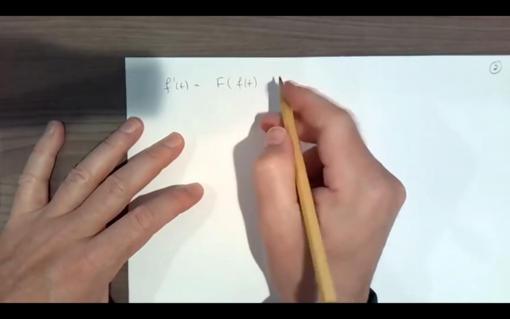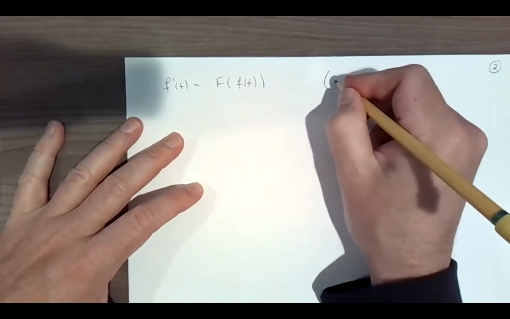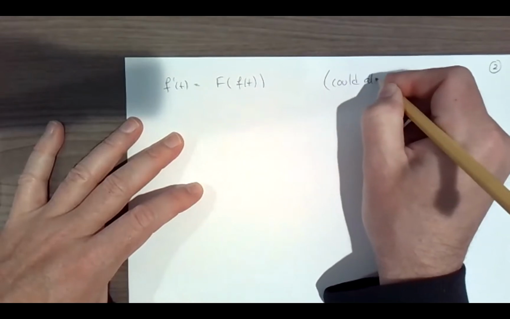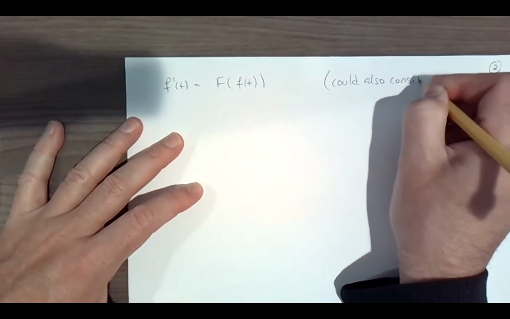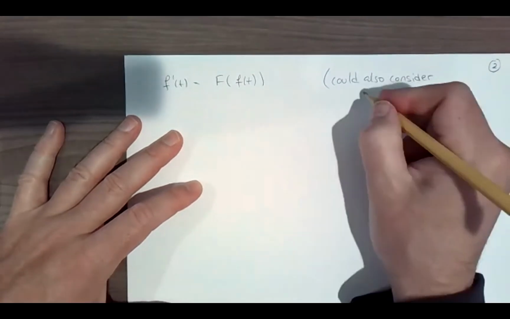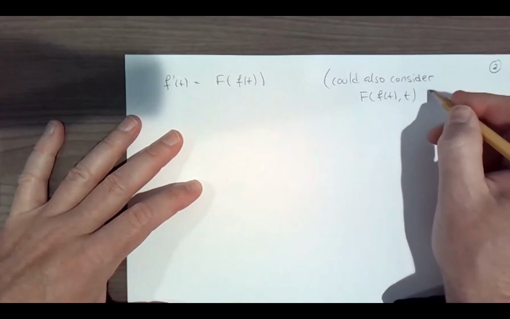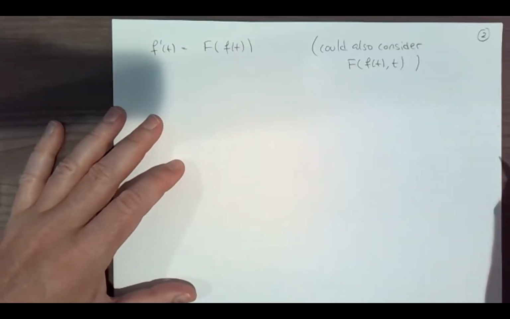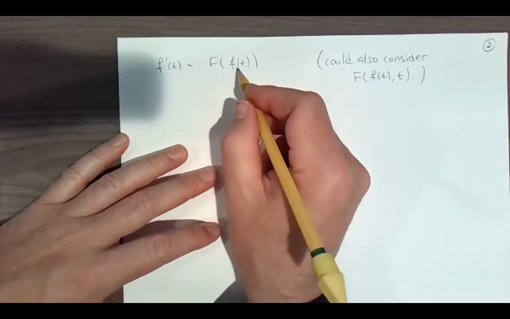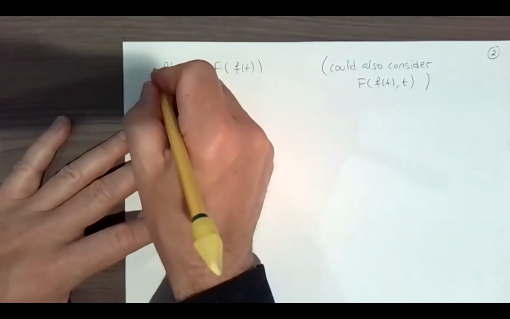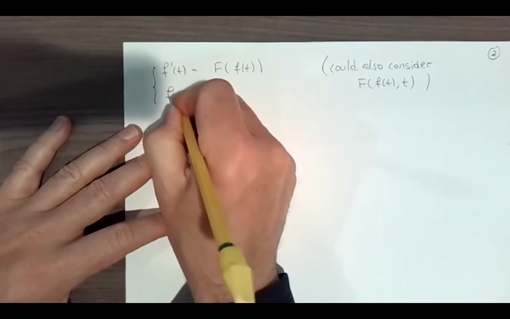Let me just drop the t over here. We could also consider f and then a t over there, but let's keep it a little bit simpler and drop the t. It doesn't matter much for what we will be doing.